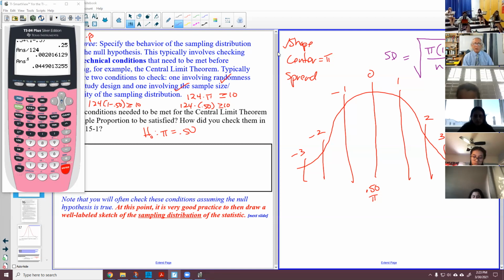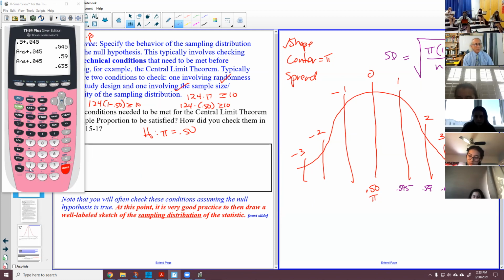Oh, yes, Abby, you were right. I didn't see your chat there, but you were on target. Good. All right. So I'm going to complete my diagram. I'm going to go 0.5 plus 0.045 plus 0.045 plus 0.045, and I get 0.545, 0.59, 0.635.